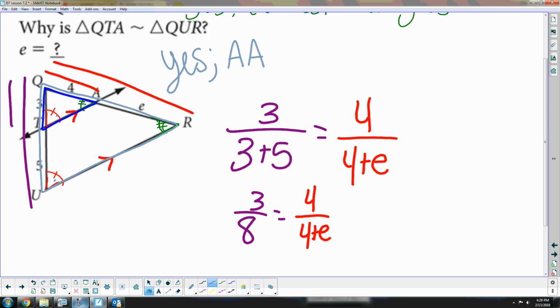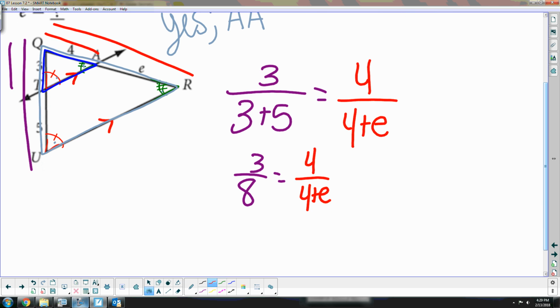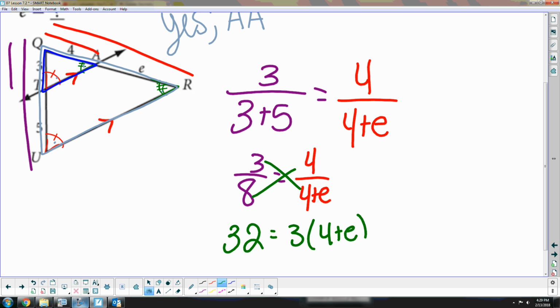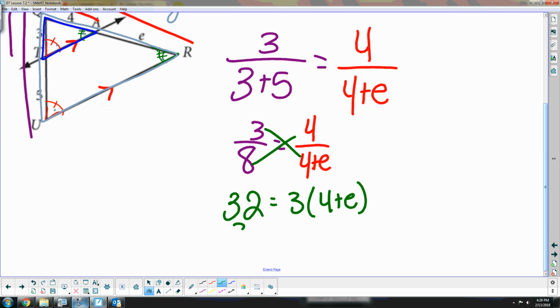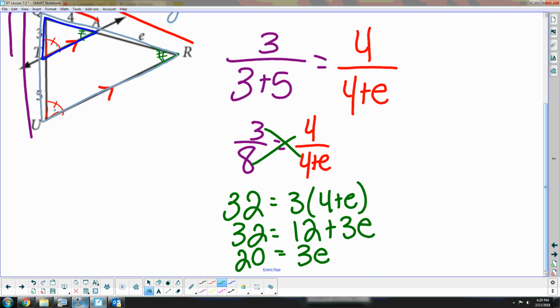Okay, now let's cross multiply. 4 times 8 is 32. That has to equal 3 times 4 plus e. So to simplify this, 32 equals 12 plus 3e. We're distributing the 3. Subtract 12 from both sides, we get 20 equals 3e.